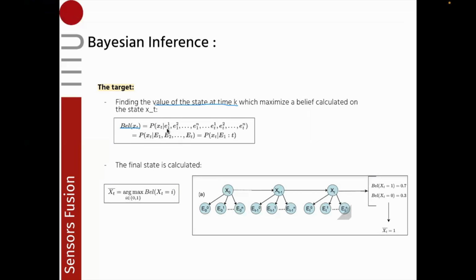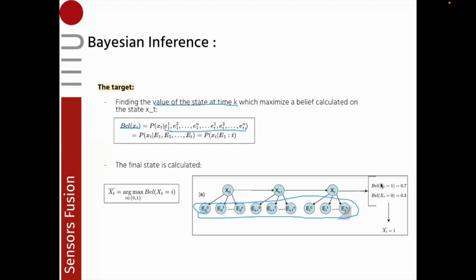So given the evidences that we measure from the time 1, so the starting of our sensing, to the time t, we take all the evidences, which is actually what we have access to. So this is the probability of the state x of t given all the evidences.